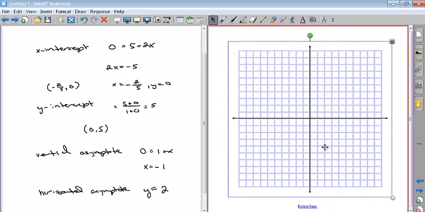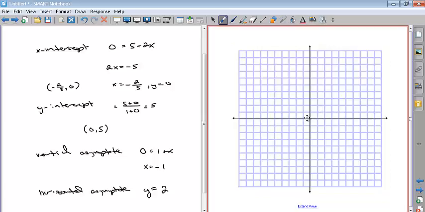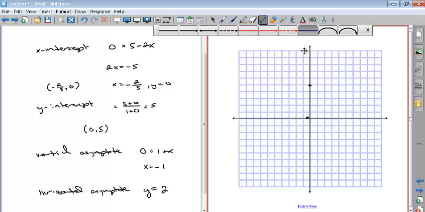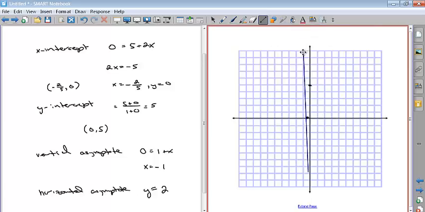So our x-intercept is negative 2/5, which is about right there. Then you have 0, 5. So you go 1, 2, 3, 4, 5. That's my y-intercept. We have a vertical asymptote at negative 1, like that.